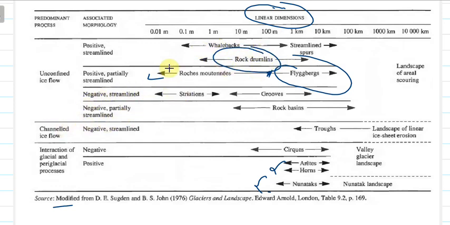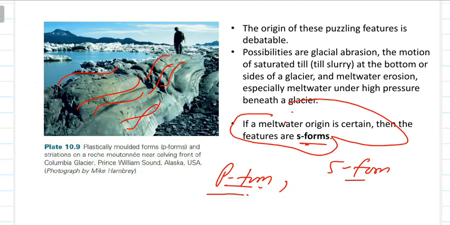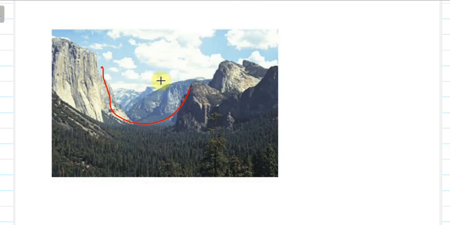Drumlins basically depositional feature में भी आते हैं, तो उसको हम बाद में डिस्कस करेंगे depositional landforms में. Alright. And these are also erosional features. So rock drumlins and your rocky mountains are similar in fashion, although drumlins are a type of depositional features. All right, so these are glacial valleys, U-shaped valleys.